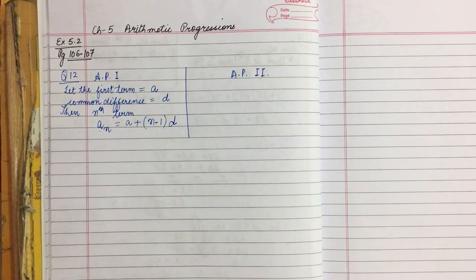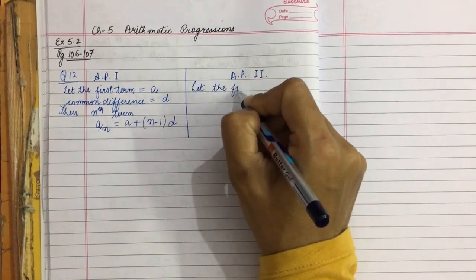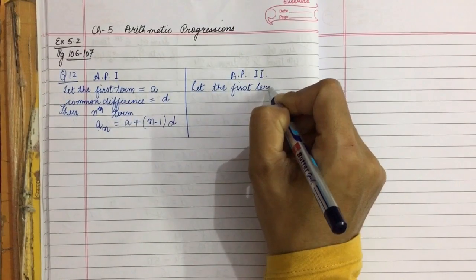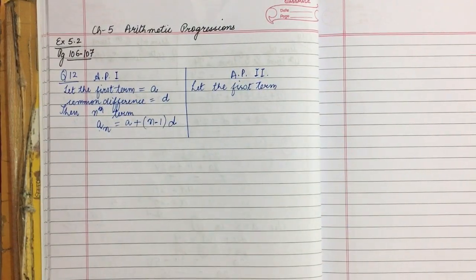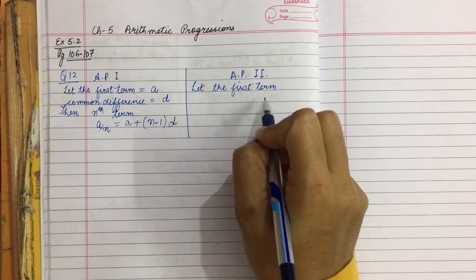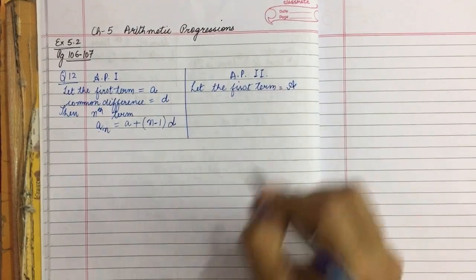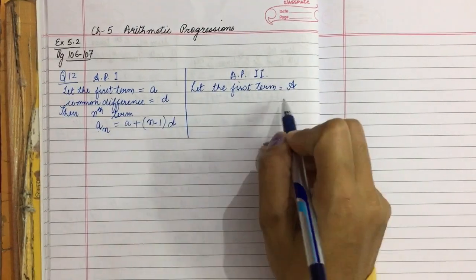Now let's take the second arithmetic progression. We don't know what the arithmetic progressions are. The first terms may or may not be the same. So as of now, I'm considering that the first term is different, and I'm taking a different variable to represent that. You could use any variable.